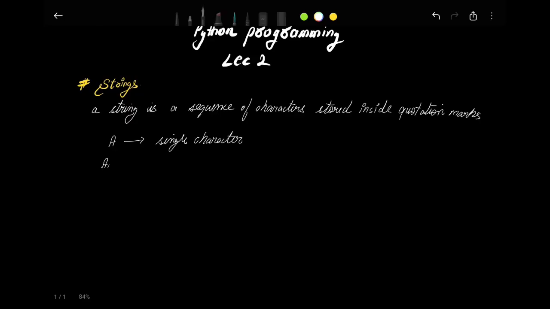And if I write apple, it is a group of characters. Since these characters are together, Python treats them as a string. So we can simply say that a group of characters is called a string.